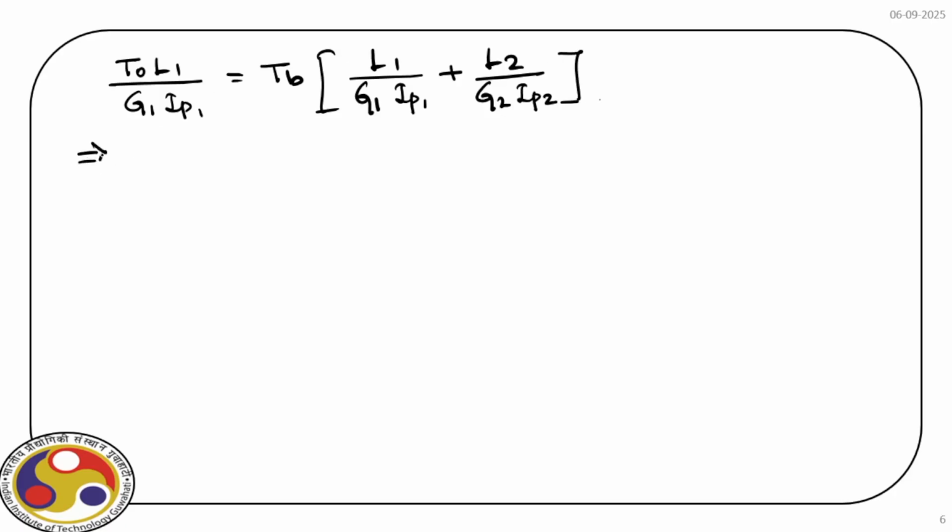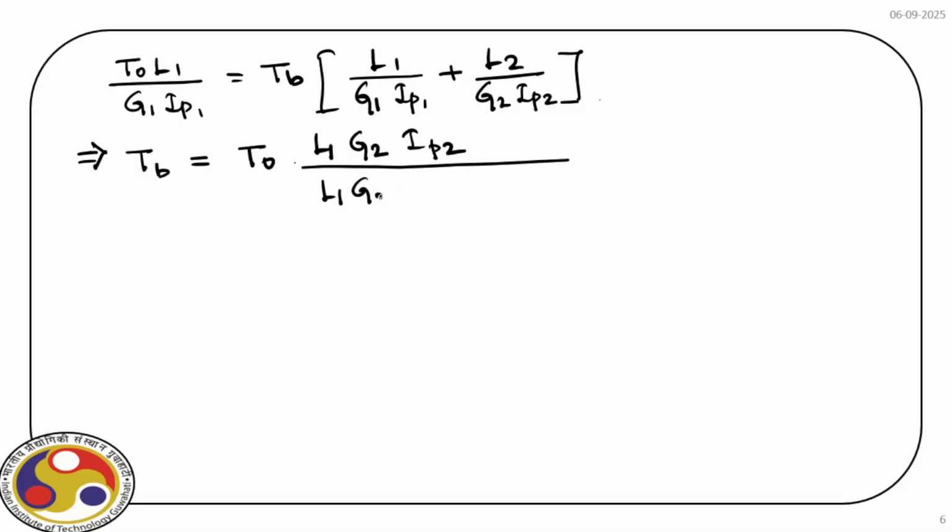That means TB is equal to T0, and if you simplify this expression, we get L1 times G2 IP2 divided by L1 G2 IP2 plus L2 G1 IP1.